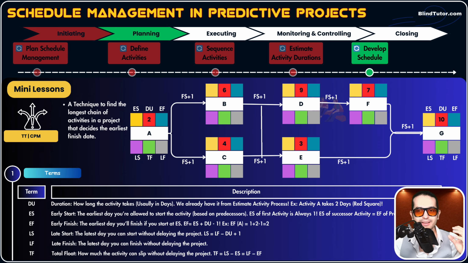Now, if we have two predecessors for one activity, which predecessor's EF do we use? The maximum EF. We use the maximum EF, guys.